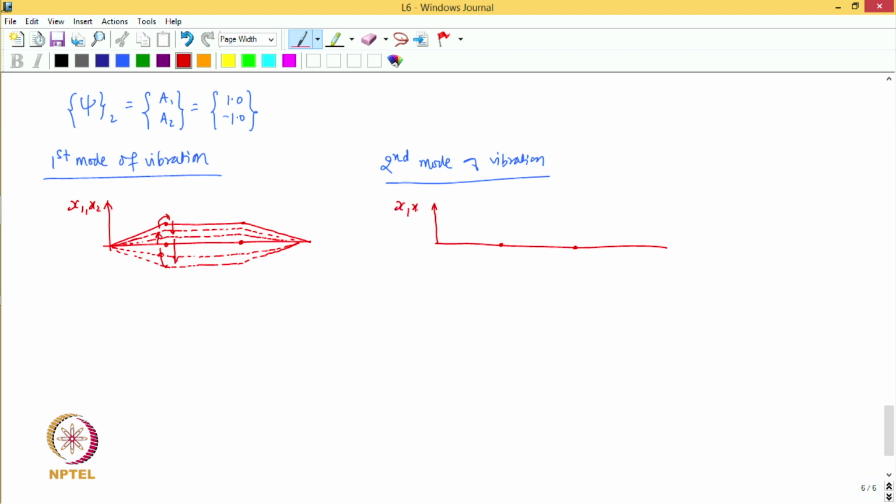So, if you again plot this, if the first mass is on one side, the second mass is on the other side. So, this mode of vibration basically is something like this.